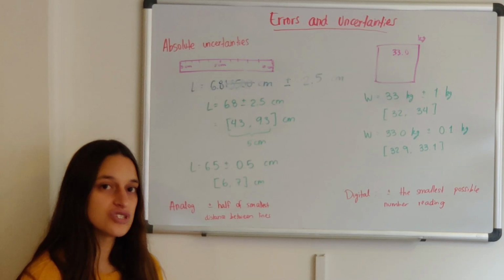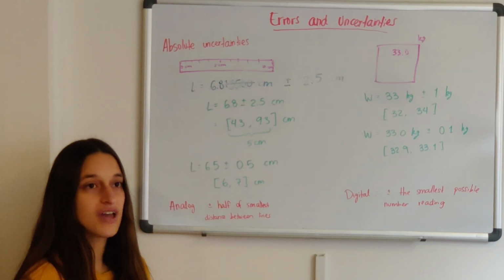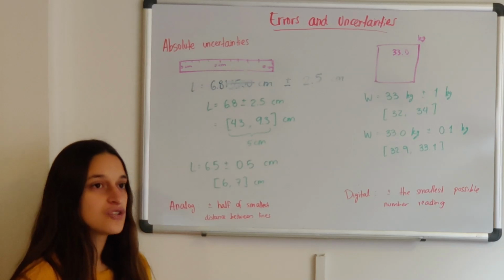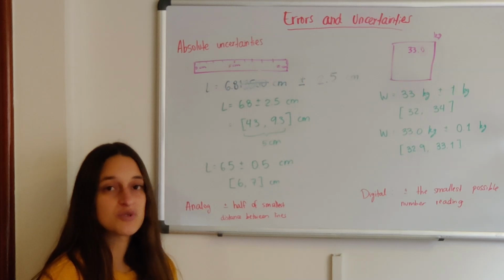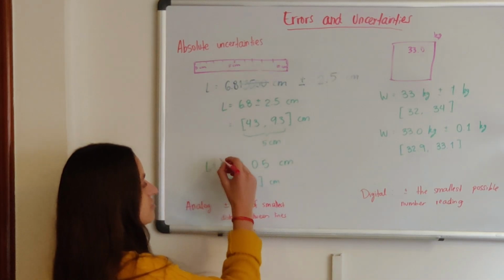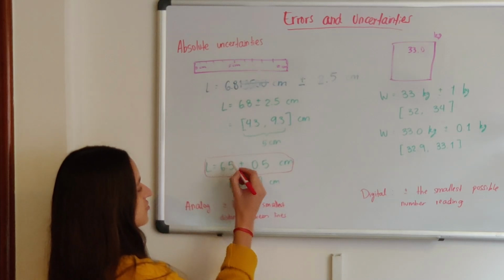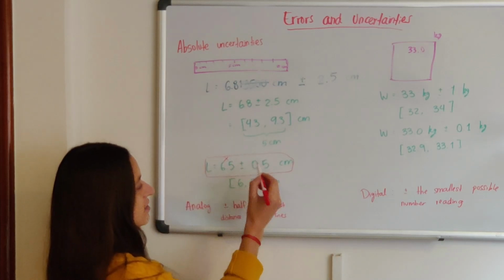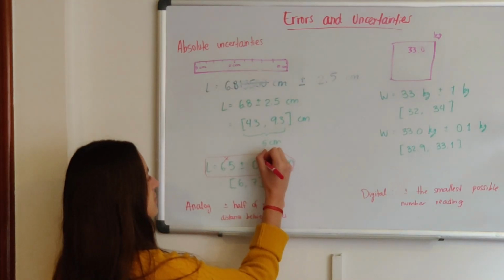So that's absolute uncertainty. Before I move on, I want to say a little bit about how we write this notation. Usually, since algebra, you know that we call variables x. Any variable, we call it x. So for example, if I'm talking about this number over here, I'm going to call 6.5 my x, and the uncertainty, we call it delta x.